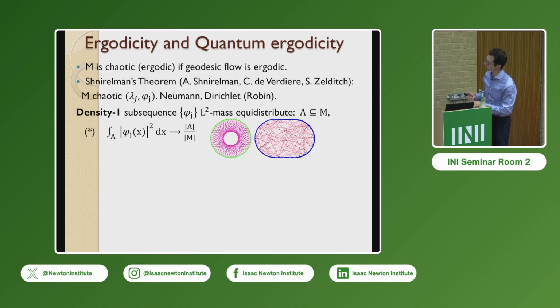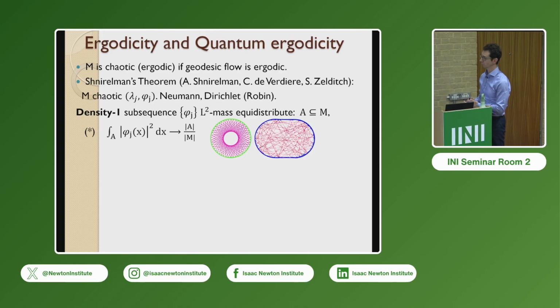In this picture, you can see the difference between a chaotic one, which is the Bunimovich stadium, and the non-chaotic one, which is a disk. For the chaotic one, a billiard orbit would be dense in the stadium, and it's going to be equidistributed in this stadium. But for the disk, no such thing is true.